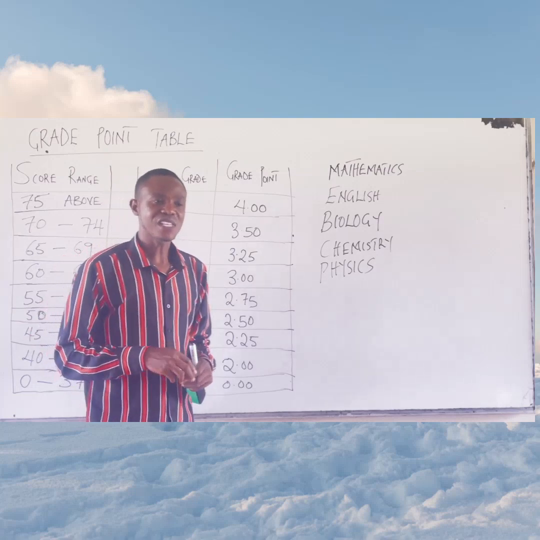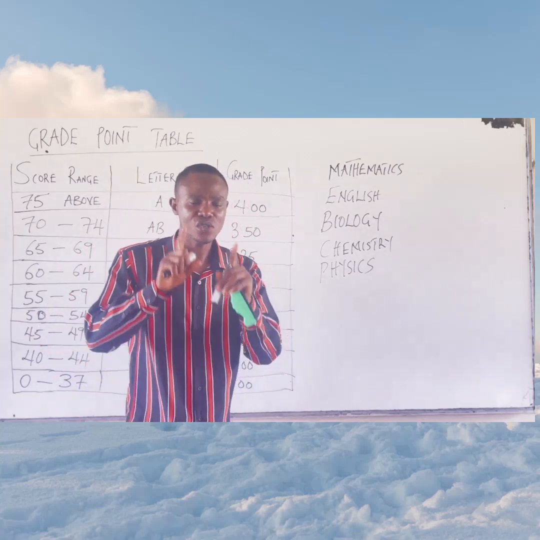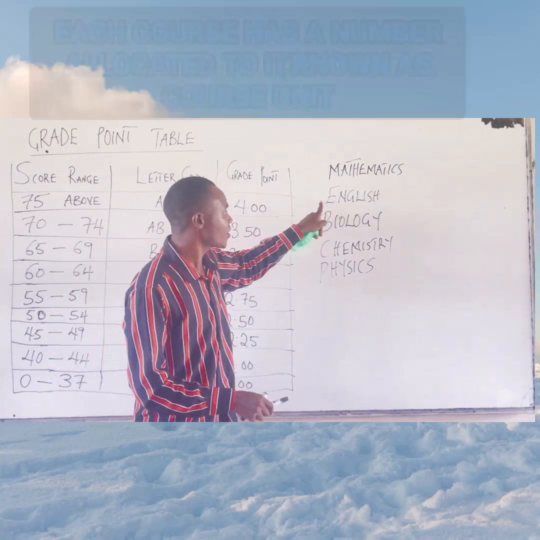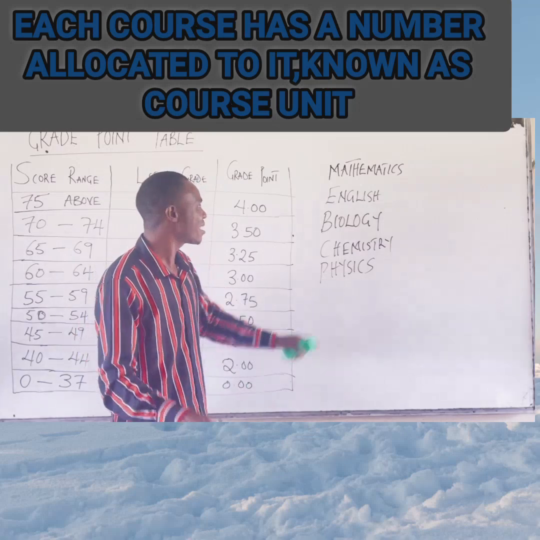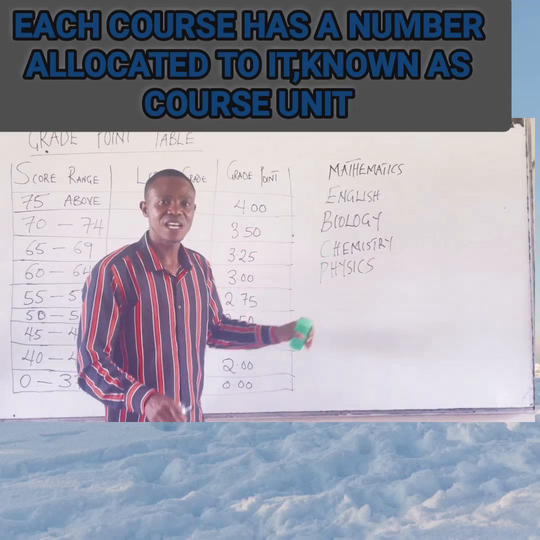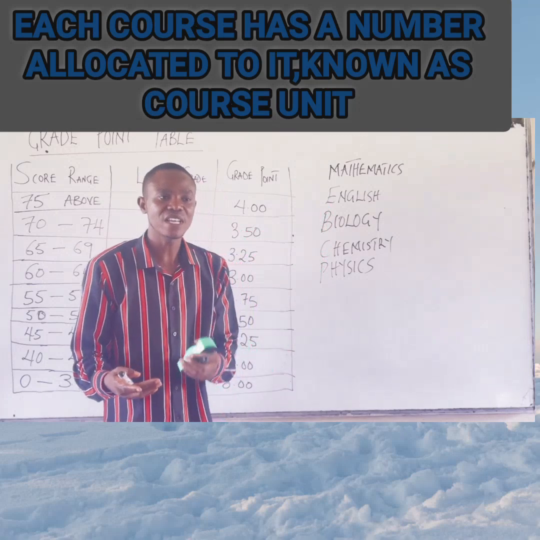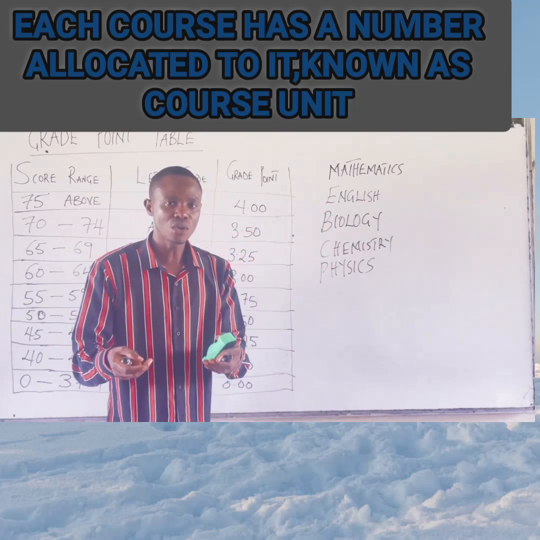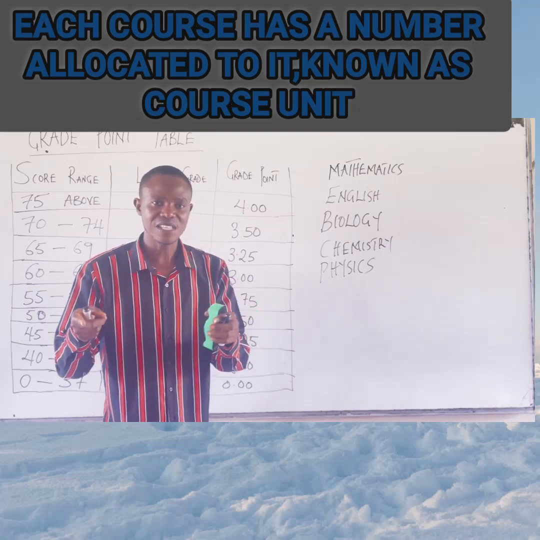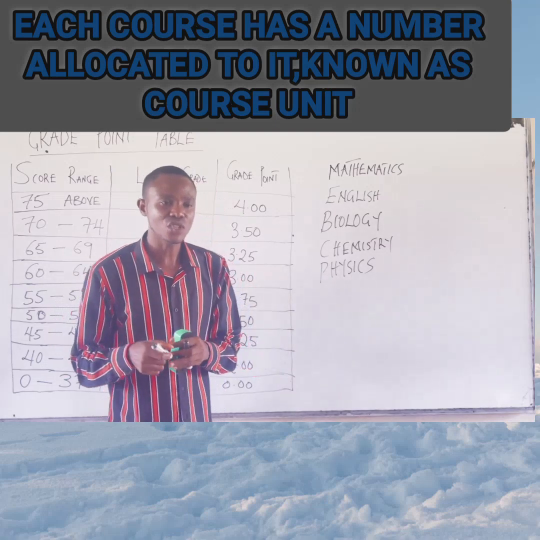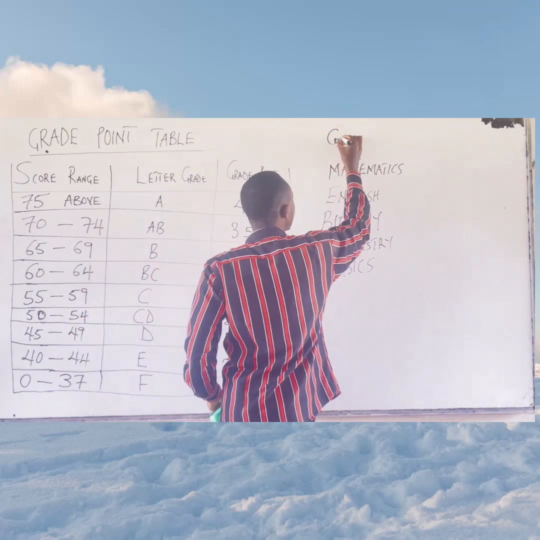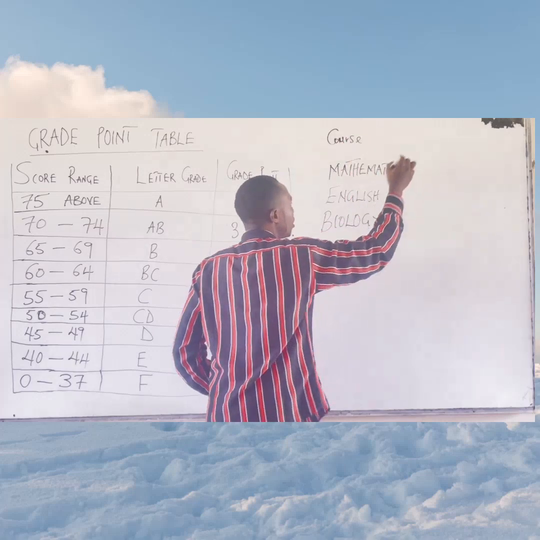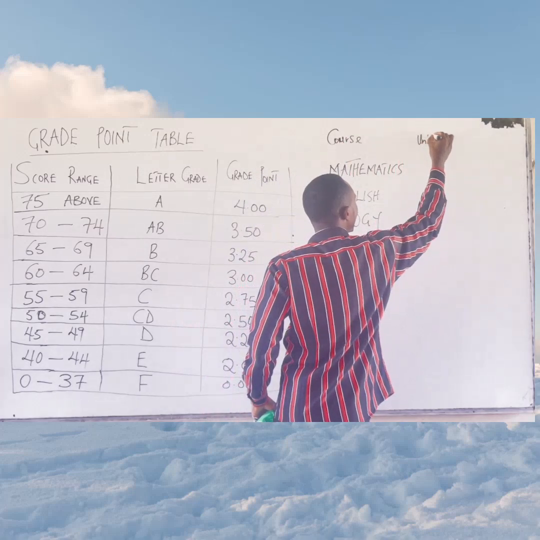Now, before we proceed, there's what we call course units. Each of these courses has course units. A number is allocated to each of these courses, and that number is called the course unit. In your handbook, you're also going to see each of the courses and the units allocated to them.